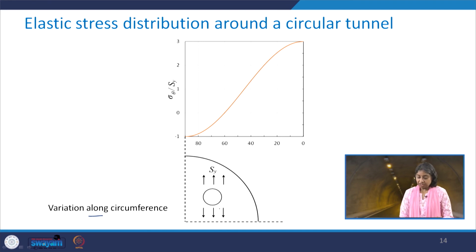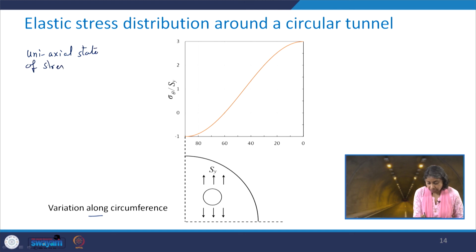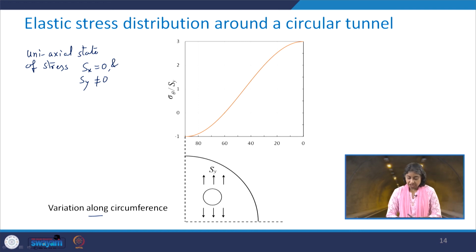Kindly note that we are only considering right now the uniaxial state of stress with Sx equal to 0 and Sy non-zero. That is what has been shown here.